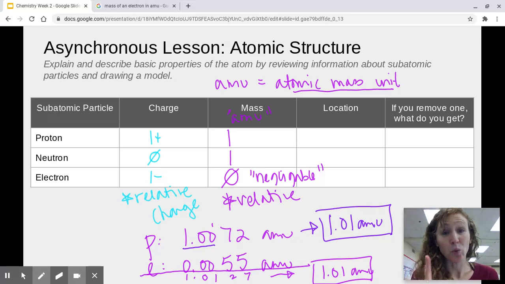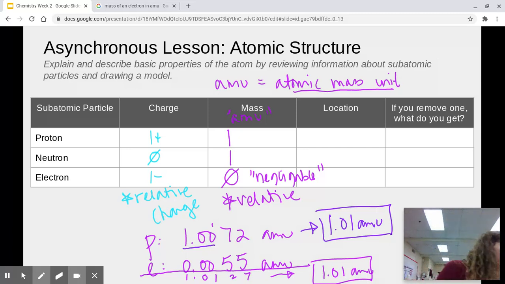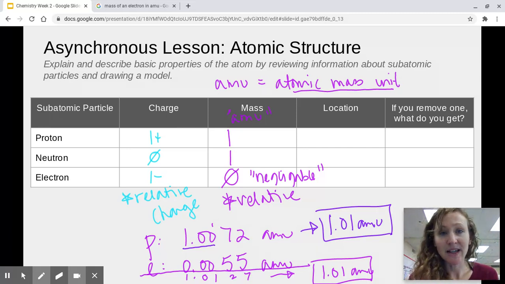And that's only with 1 proton. The higher you go on the periodic table, the more protons you're talking about. Even when you get to the 4th level, you're talking about 35, 36 protons. The mass of an electron is going to make even less of a difference. And so we say the electron's mass is negligible.